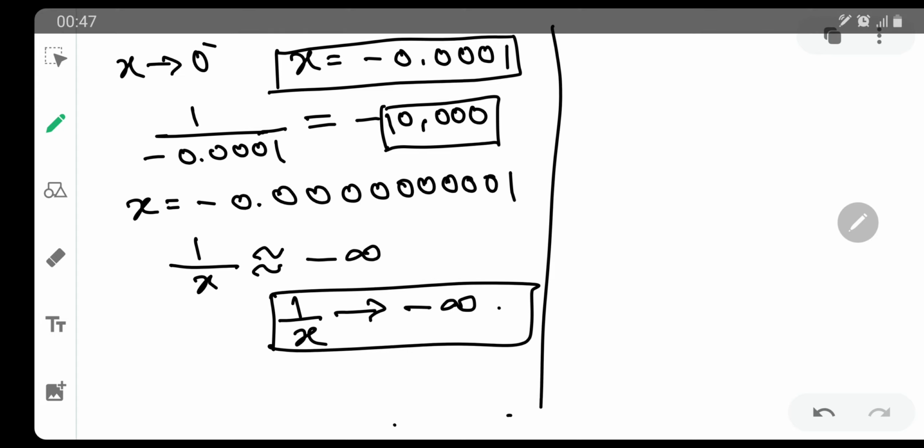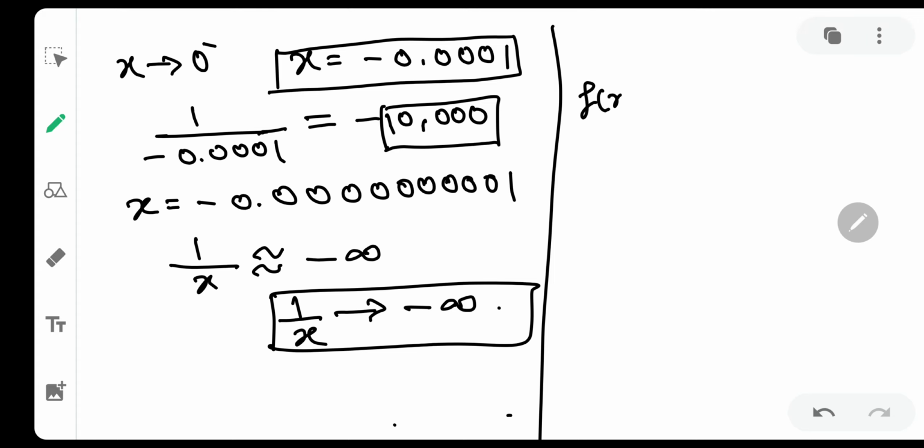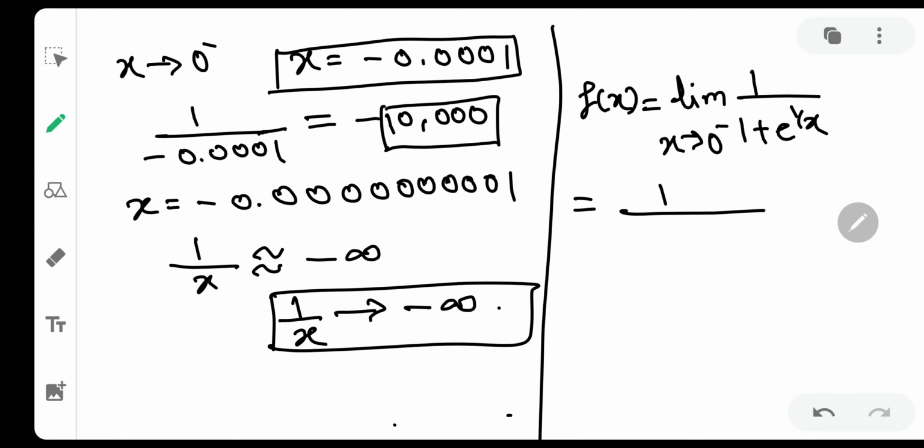So we have our function f of x as 1 upon 1 plus e raised to 1 by x for limit x tends to 0 minus. We can say the limit is 1 upon 1 plus e raised to minus infinity.